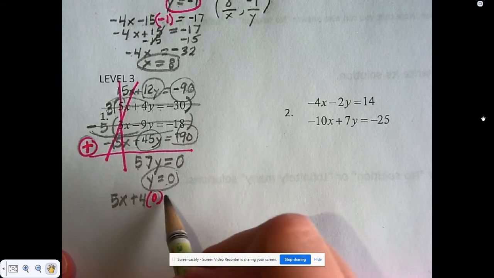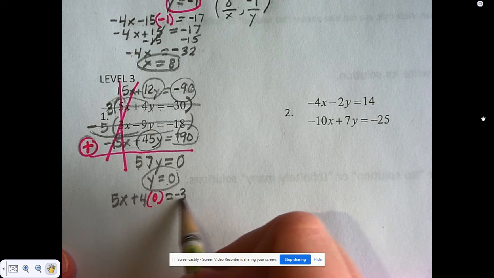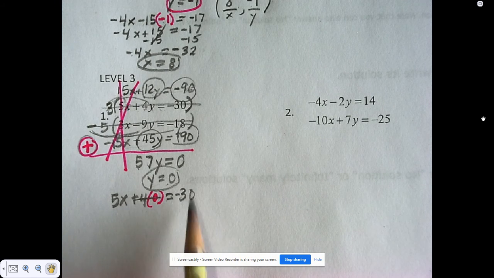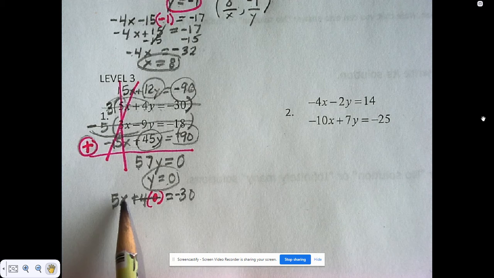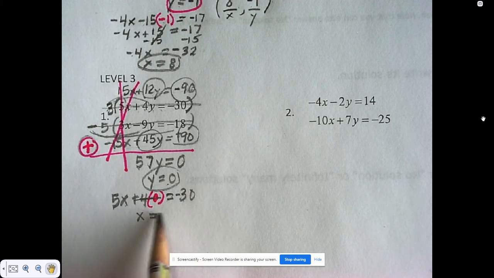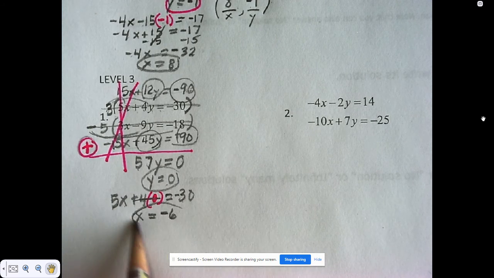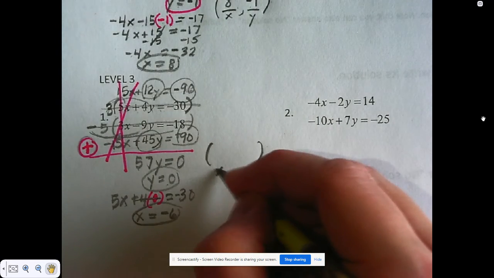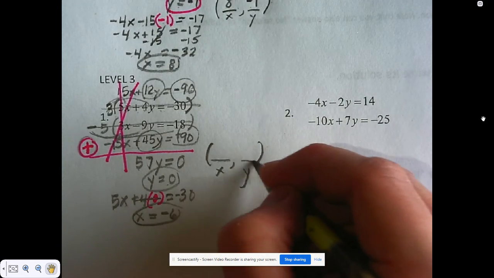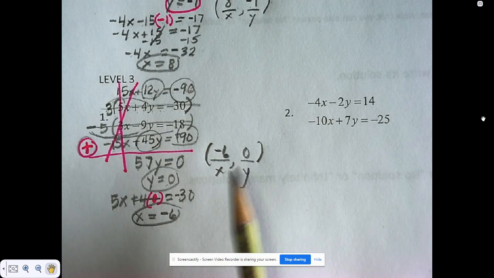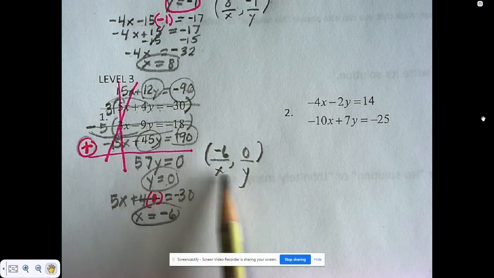The equal sign stays. The -30 stays. So I have 5x plus 0 equals -30. So 5 times what is -30? Well, 5 times -6 equals -30. So I write this as a solution point. I have my x, I have my y. So my x is -6, my y is 0, and that is my answer to the system.